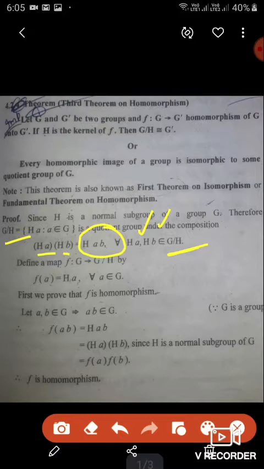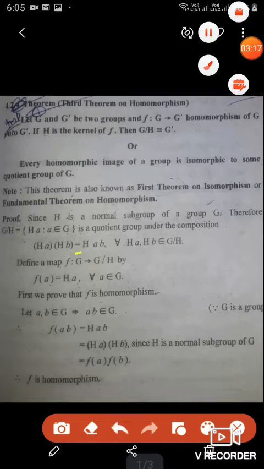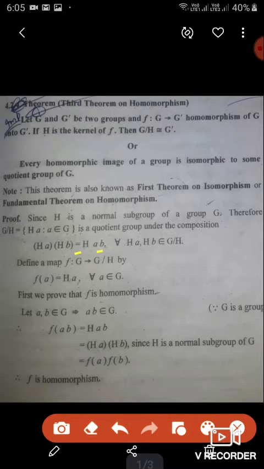Now we will do one thing. We will define a function f from the set G to this set. These are basically groups. Fine. And how we will define it: we know in G, a type of elements are existing, and in the quotient group, Ha type of elements are existing. So we have defined a function f.